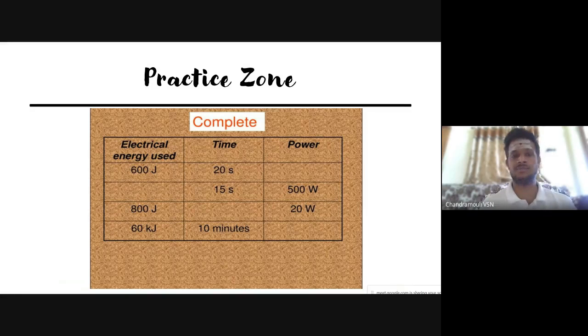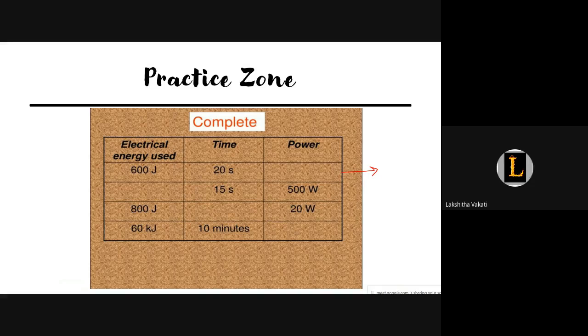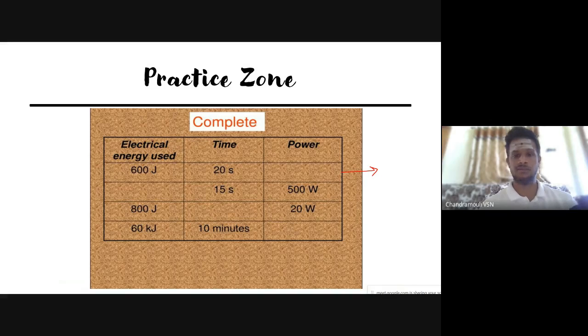First, Lakshita. Lakshita, you say what we need to do. I'll keep an arrow mark. What process you have to do, you say. After that, we write the value over there. What did they ask? Electrical power. How to get the power formula? Quick beta, we are in an online class. Come on.